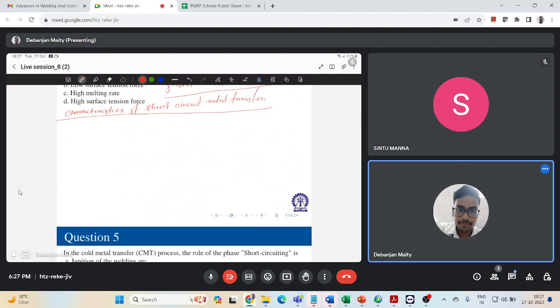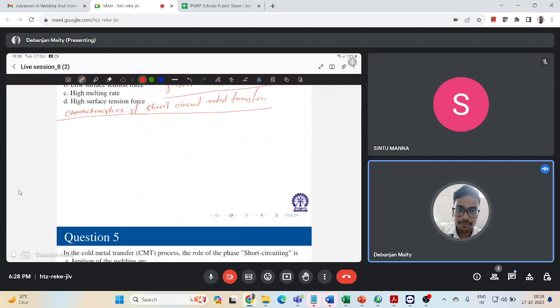And as I was mentioning, the drop touches the weld pool, short circuit takes place, and because you have a very narrow arc gap, your molten drop does not attain a size big enough to fall under gravitational force, right?